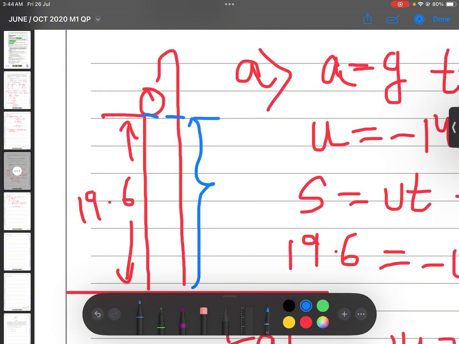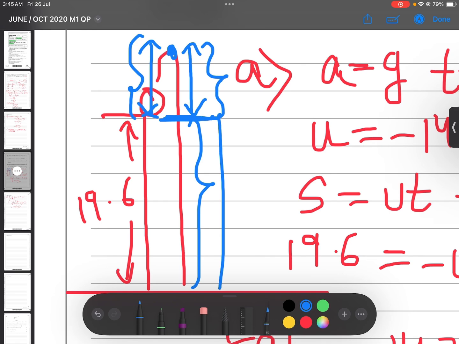But it has traveled this distance once and has reached the highest point, and then again traveled that distance to reach the 19.6 meter height. So we have to calculate this height, multiply this by 2 because it travels this distance twice, and then plus 19.6 is going to give me the total distance.